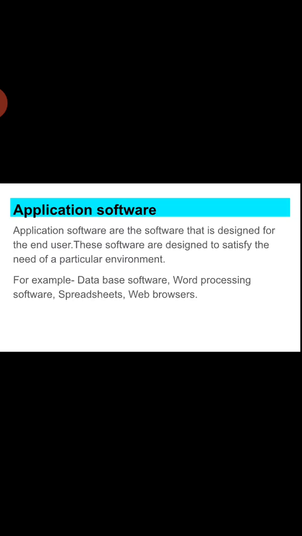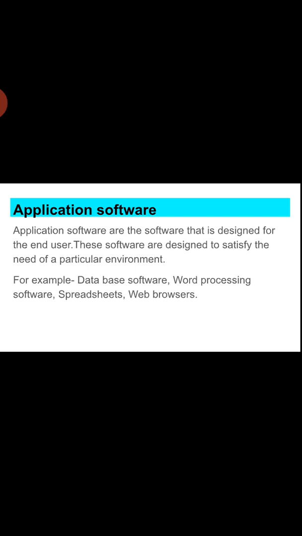Then comes the application software. Application software is software designed for the end user, meaning we, the users who are working on the computers. These are generally designed for us, to satisfy the need of a particular environment. According to their need, users choose the application software.